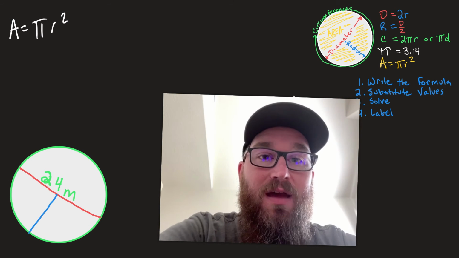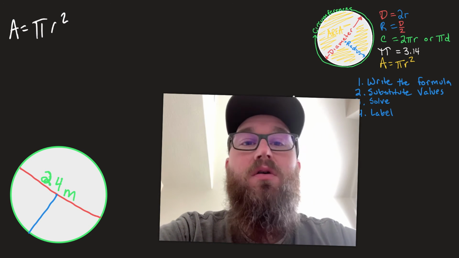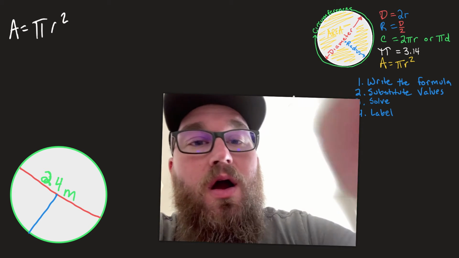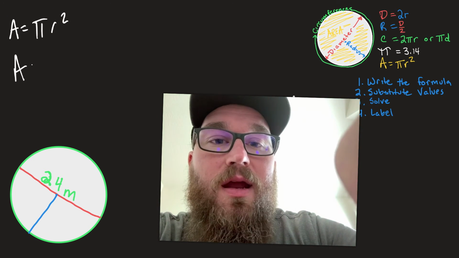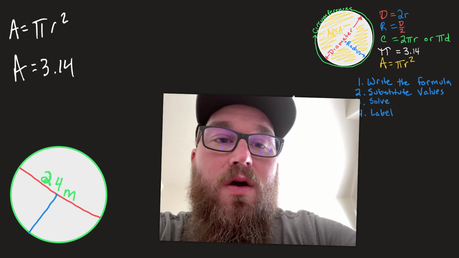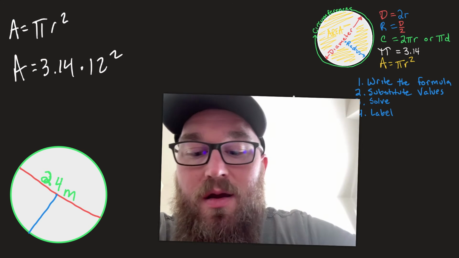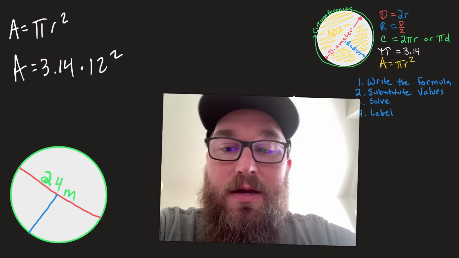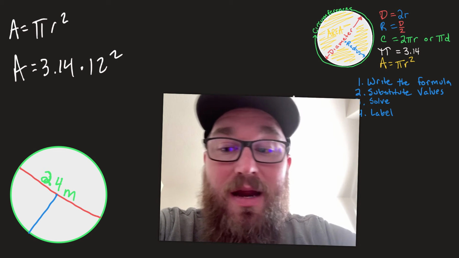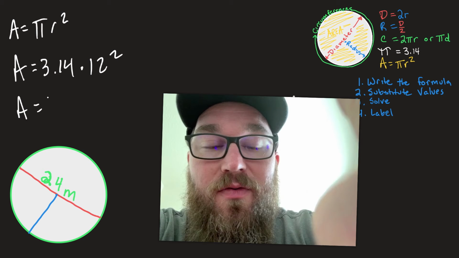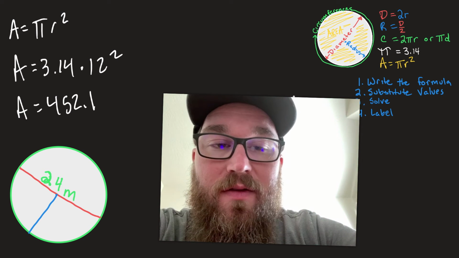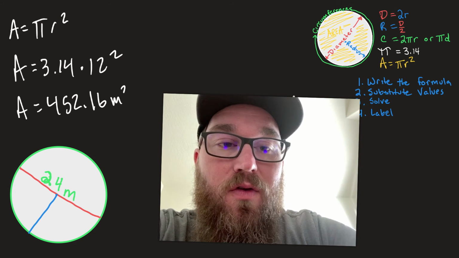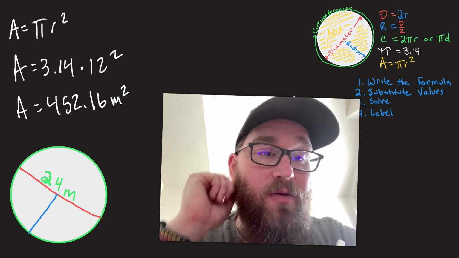So please give me the final answer with a label. All right, you should have area equals 3.14 times 12 squared because you're doing half of that for the radius, and that gets us an area of 452.16 meters squared. So what was the answer for that one?